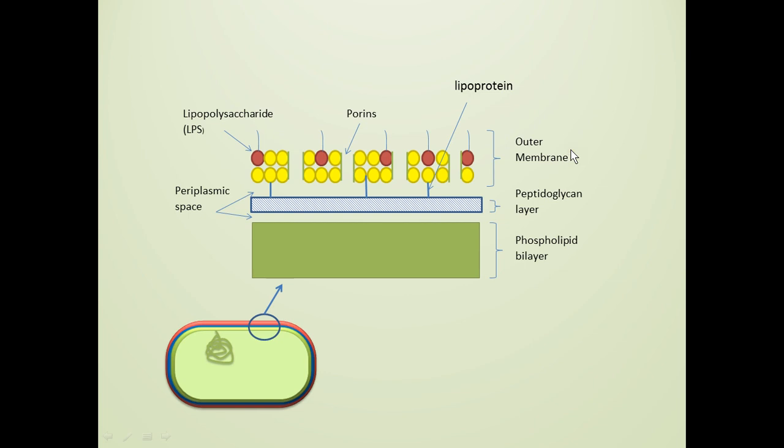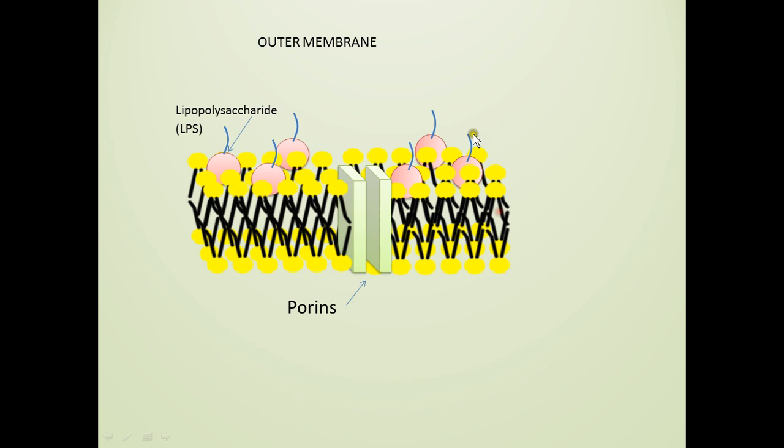Now, this outer membrane is a unique structure to the gram-negative bacteria, so let's look at it a little bit closer. Notice how it is a phospholipid bilayer, but it's got two unique structures in it. First, it has a lipopolysaccharide, LPS, and this is going to help to provide the gram-negative bacteria with some toxicity. It also has some integral proteins embedded within it.